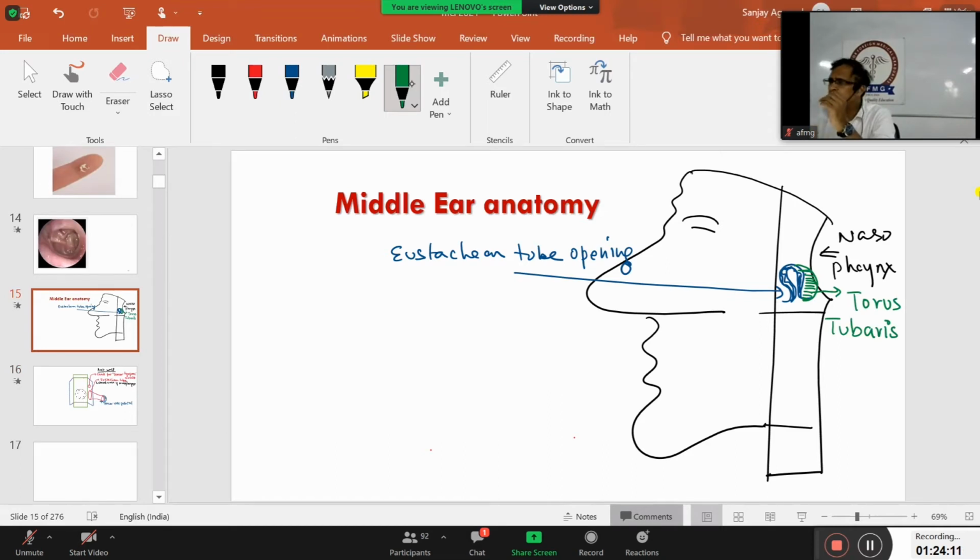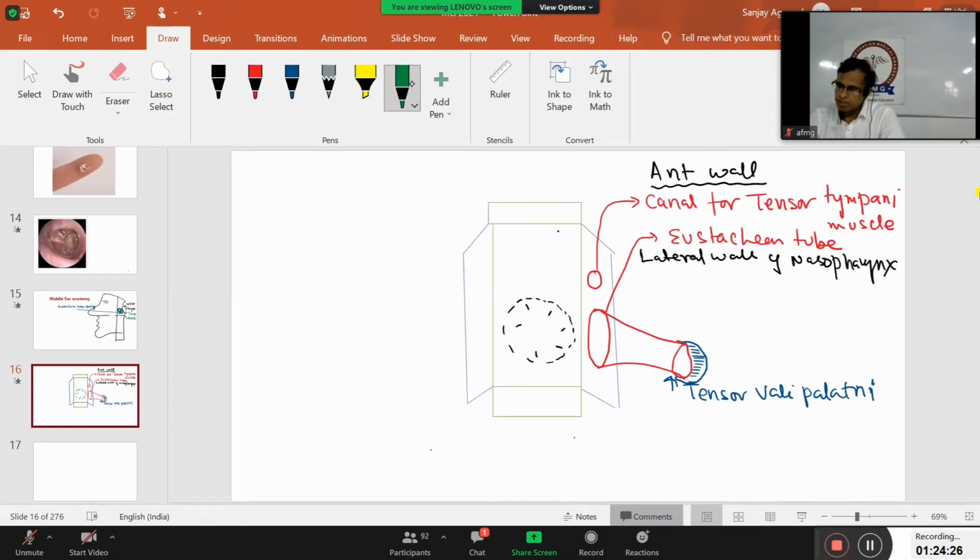If I ask you who forms the torus tubarius, what do you say? The end of the eustachian tube and the muscle. Which muscle? Tensor veli palatini. So once again, this is torus tubarius.